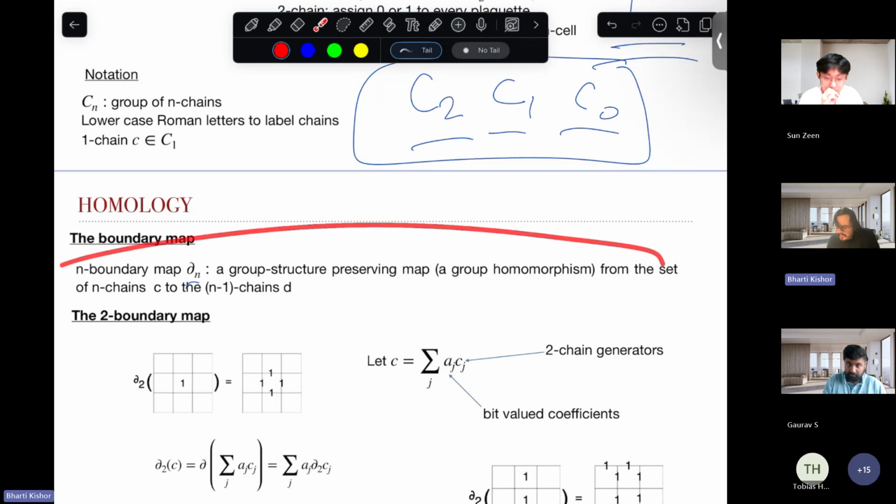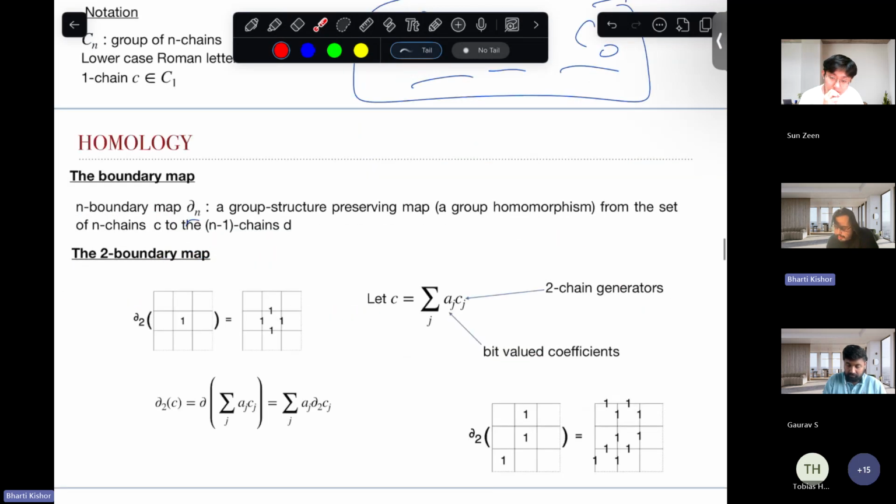Now, obviously there is some math and jargon, but let's try to see it with an example, and then you will see what I mean. For example, here I have a 2 chain where I have assigned 1 here, and everywhere else these are not counted, so these are being assigned 0. Now, what is the boundary of this plaquette? The boundary of this plaquette is basically the edges around it, right?